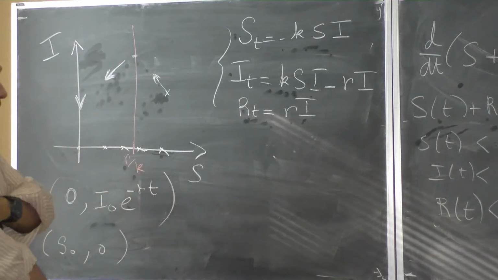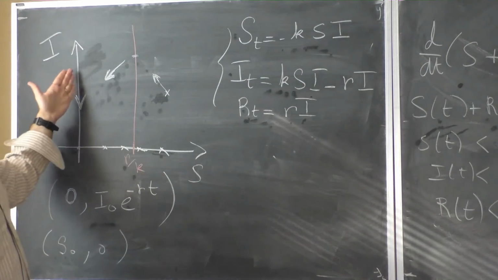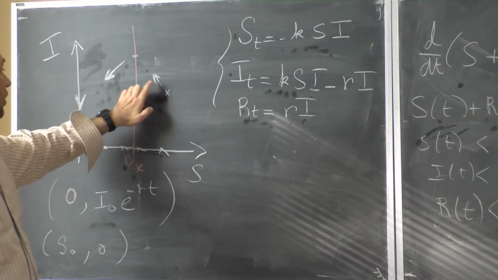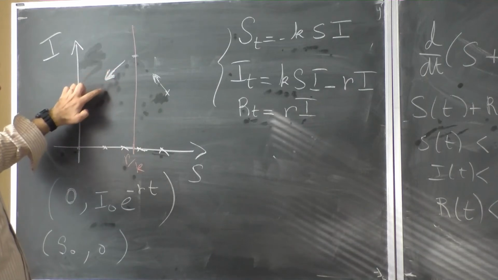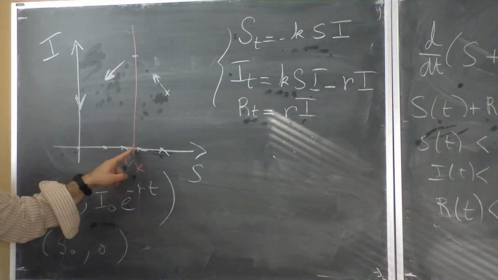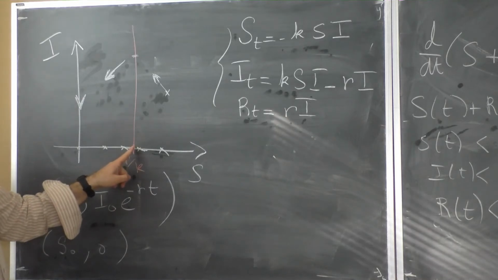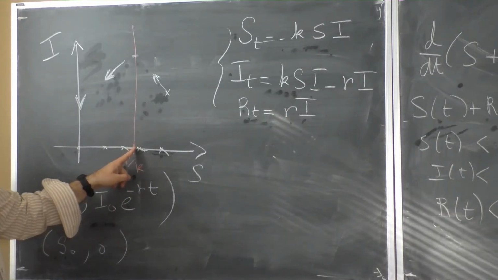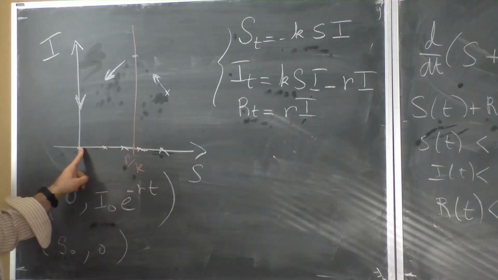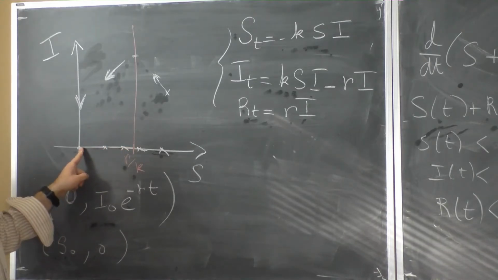All right. So you have no choice. If I pick up an initial condition here, the solution must converge to one of these stationary points here. All right.